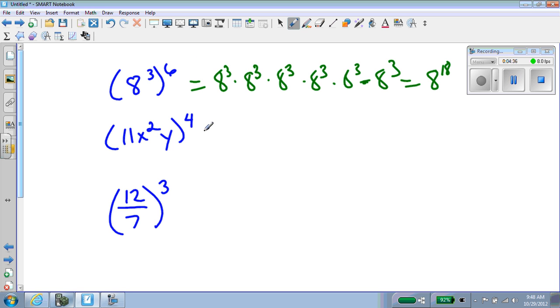Okay, so in this case, I would have 4 factors of 11, 4 factors of x squared, so that would be x to the 8th, and 4 factors of y. In this case, I'm going to have 3 factors of 12 and 3 factors of 7.